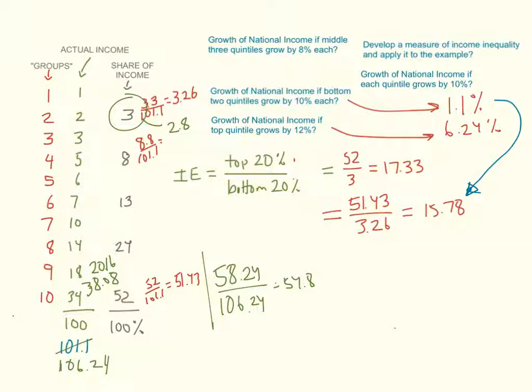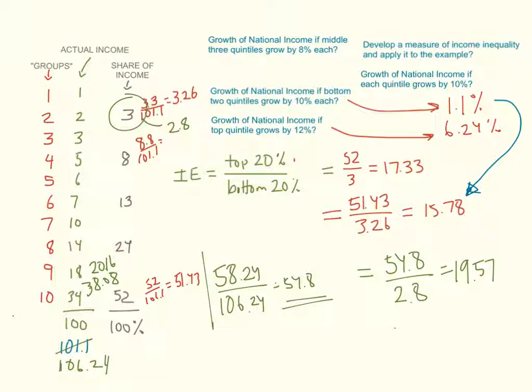Alright, so now I'm going to finally calculate, so I'm going to take the share that goes to the top 20%, 54.8, divide by the share that goes to the poorest 20%, 2.8. I calculate that ratio, which is equal to 19.57.